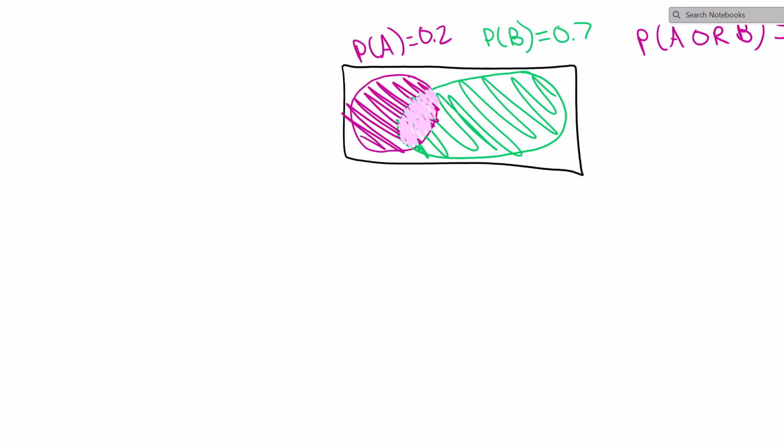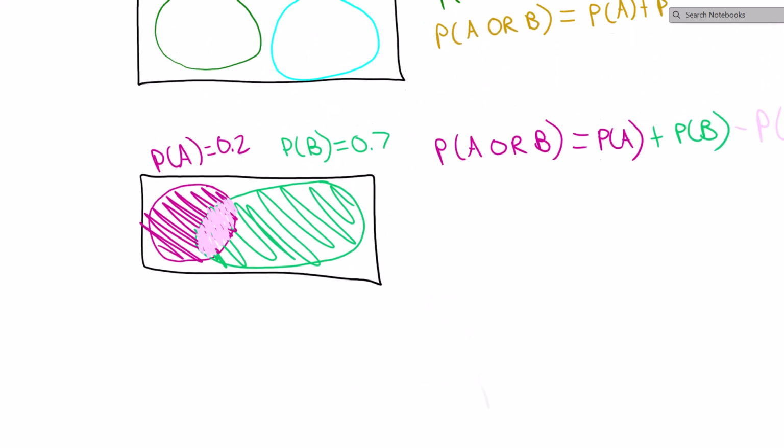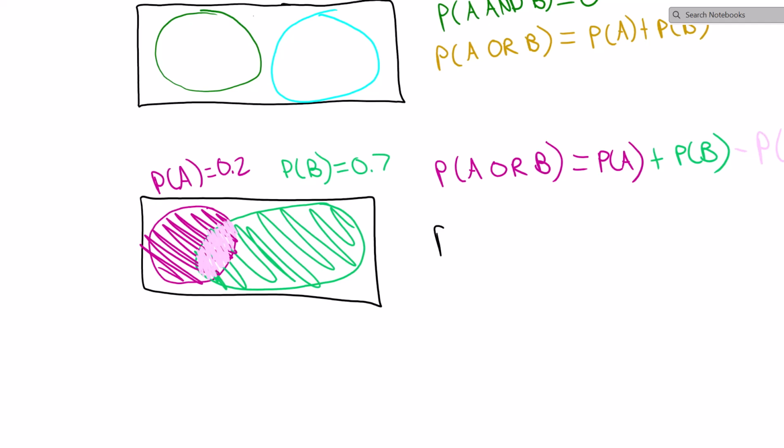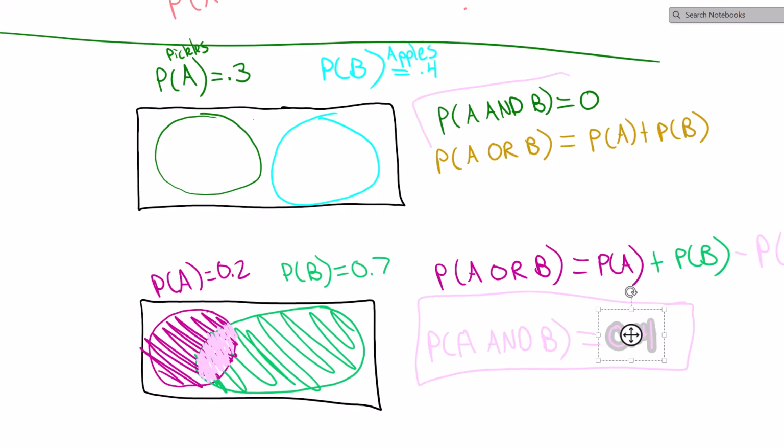These events are not mutually exclusive because the probability of A and B, and I'll write it in that light pink color so it matches the picture, is in fact the probability of A times the probability of B, or in this case, 0.14. We know that this is not mutually exclusive because there is a chance that they happen at the same time. Whereas we know that these two were mutually exclusive because there is no chance that they will happen at the same time.